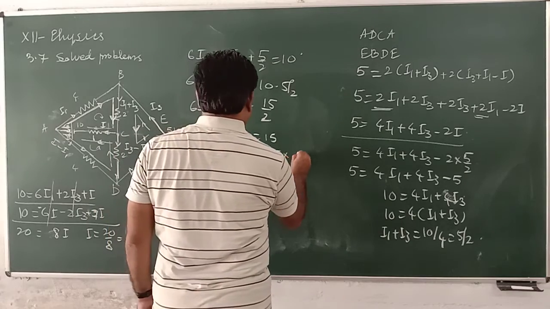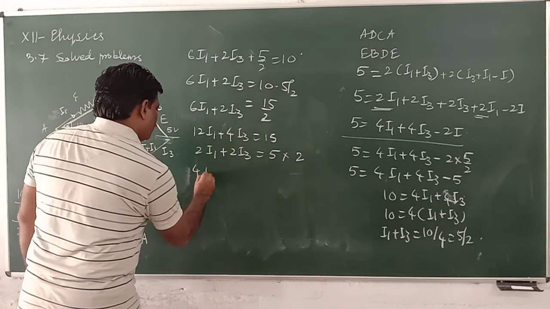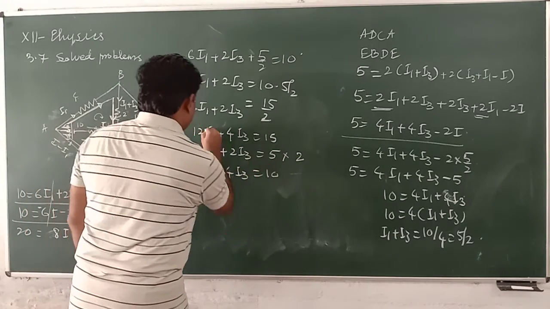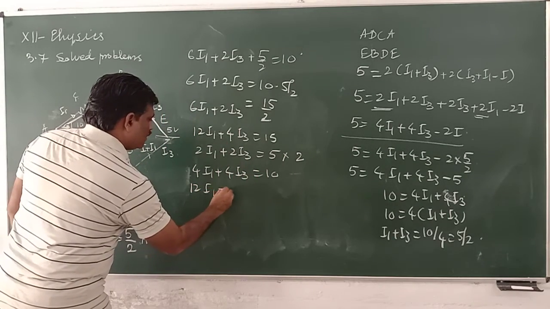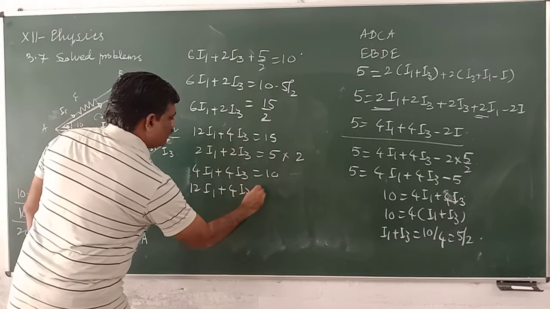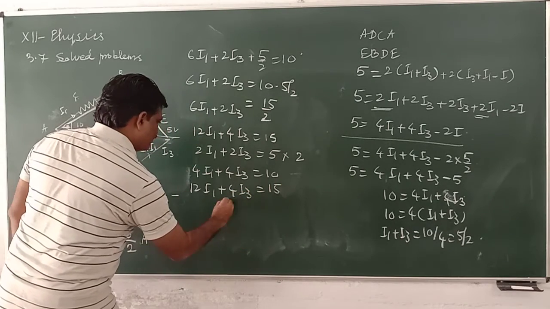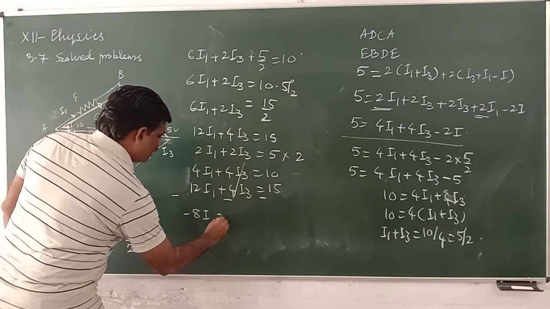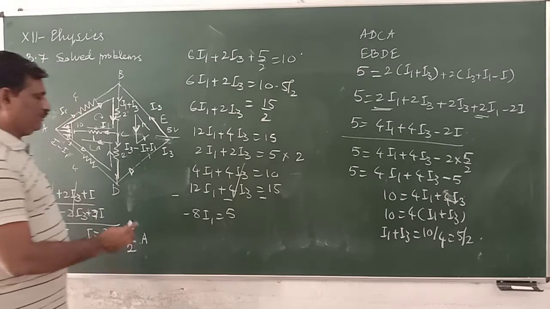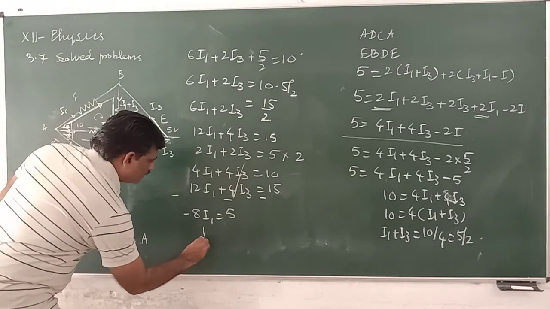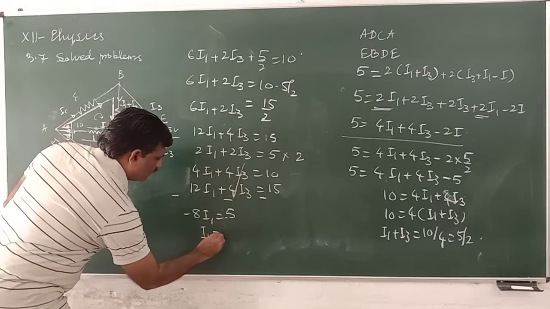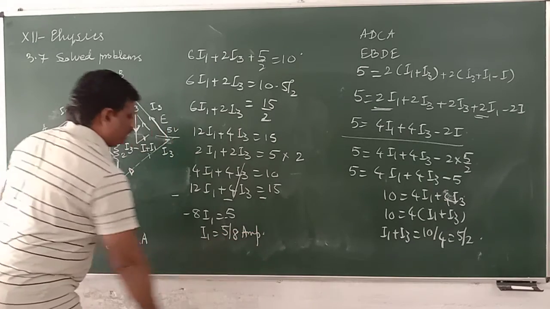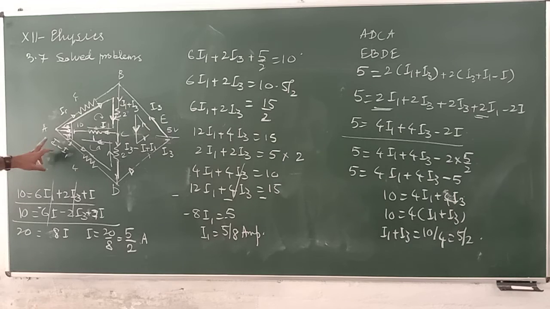I multiply this equation by 2, I get 4I1 plus 4I3 is equal to 10. 12I1 plus 4I3 is equal to 15. Subtracting, we get minus 8I1 is equal to minus 5, or I1 is equal to 5 by 8. I1 becomes 5 by 8.